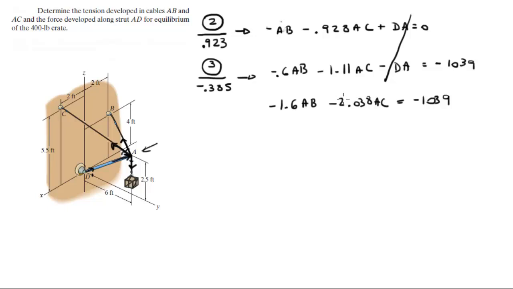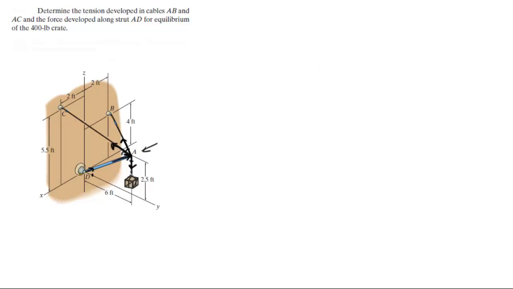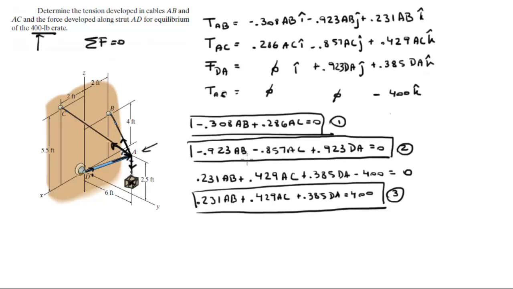So the next thing that you do, let me go back to equation 1 right here. From equation 1, you can solve for AC, and you get AC is equal to 1.066 AB. I'm going to call this equation 4.